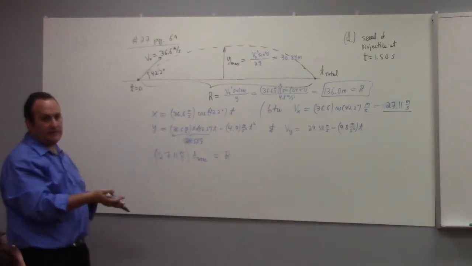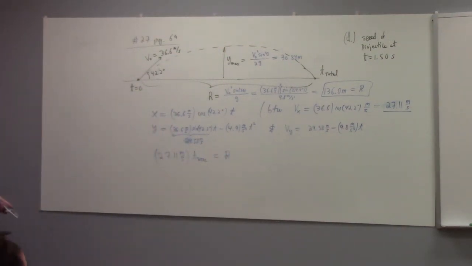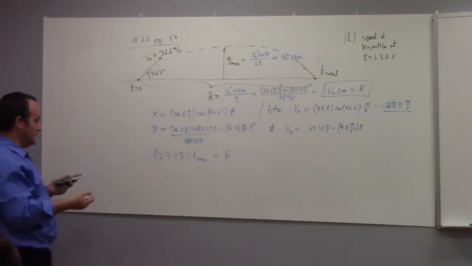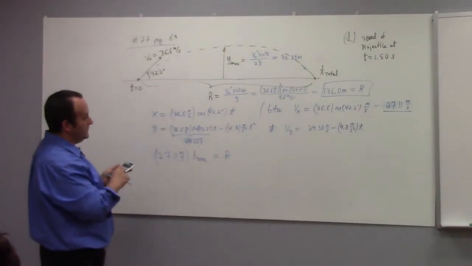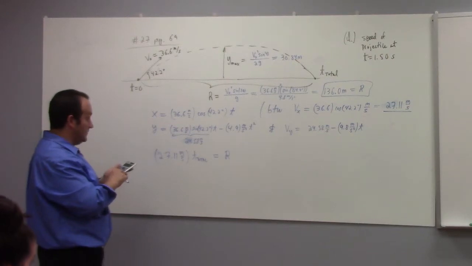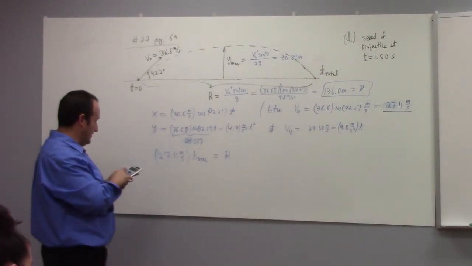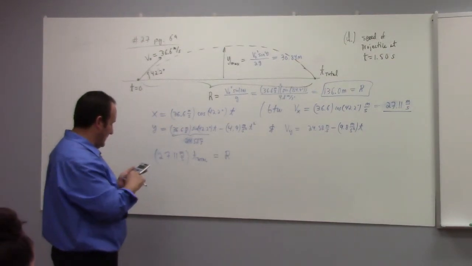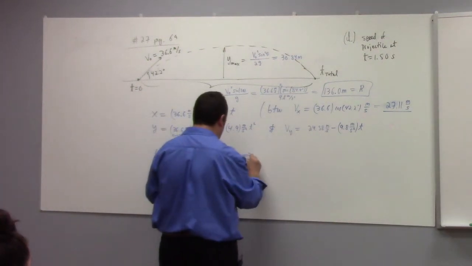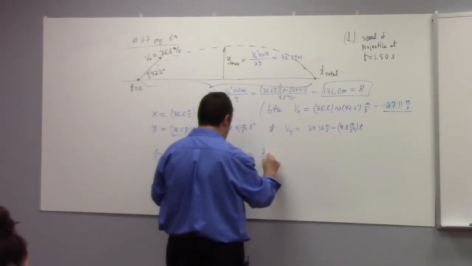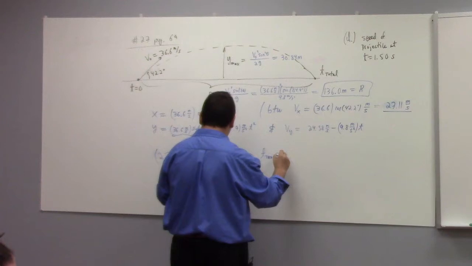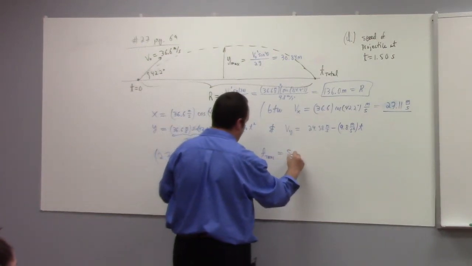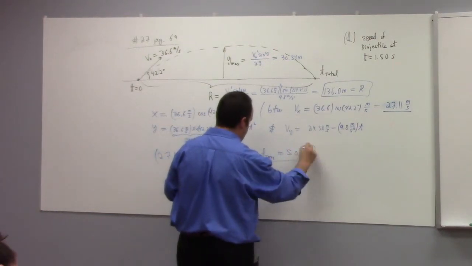So the total time is just range, which was 136, divided by 27.11. So I get a total time of roughly 5.02 seconds.